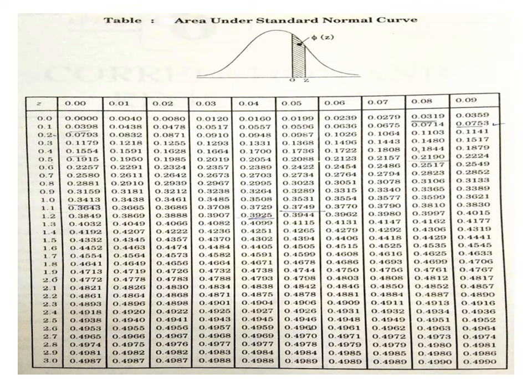What I was saying in the previous slide, that if probability is 0.19, which we have to search inside the table, then the value of z, that was z1 in that problem, is 0.50. So probability is 0.19.